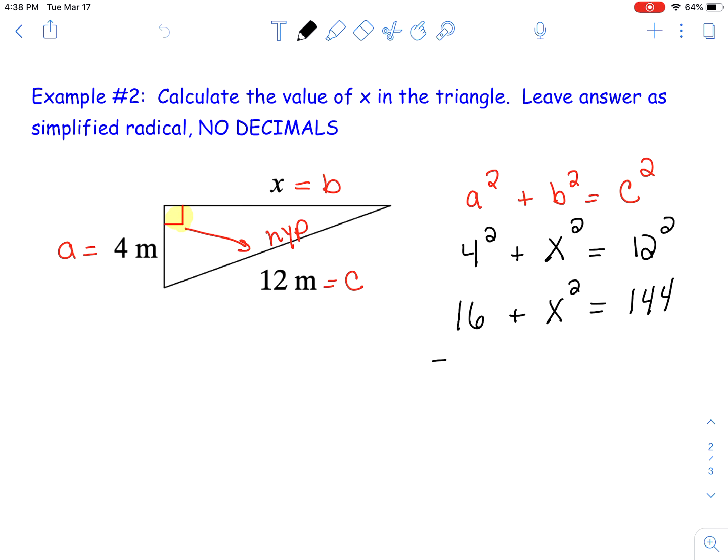We're trying to solve for x, so I'll subtract 16 from both sides. So I get x squared is equal to 128.